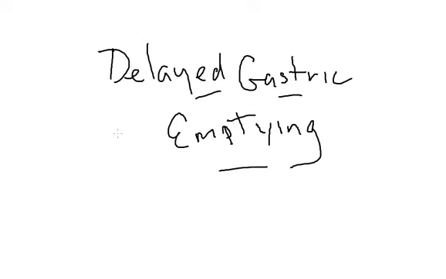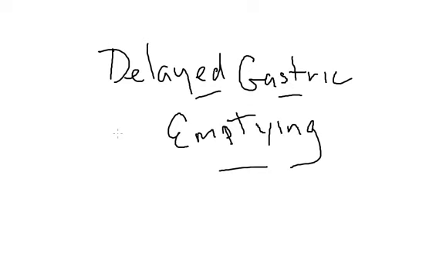It's not entirely clear why this happens. Some people say that there's a hormone called motilin, which is present in the duodenum, and part or all of the duodenum is resected during a Whipple procedure, so there's a decreased motilin. It could be related to the autonomic nervous system, or there could be factors that we really haven't identified yet.